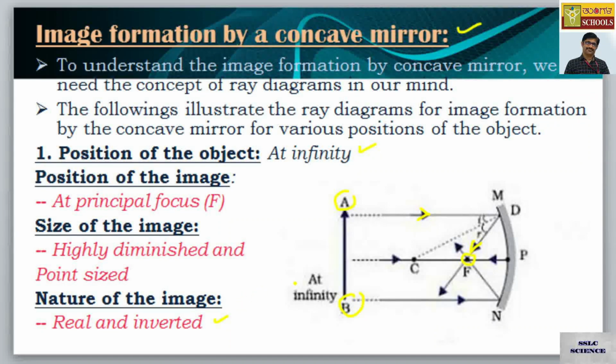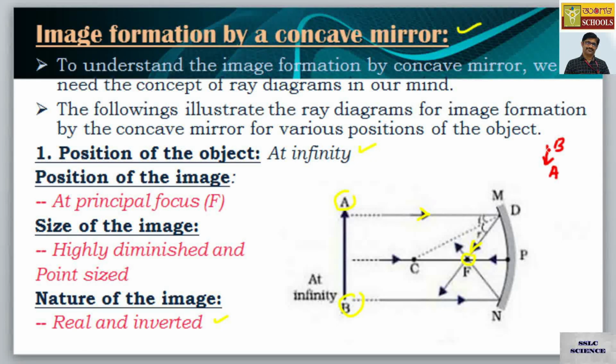The real image is the image which can be caught on the screen, as I already mentioned in the previous class. So they are real, and inverted means you are getting the image at point F like this. So at point F, you will get the image like this. It is inverted, A on bottom, B on top.